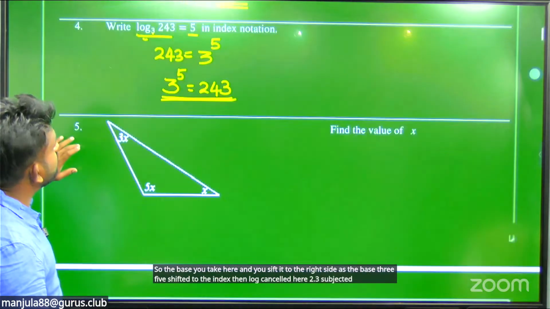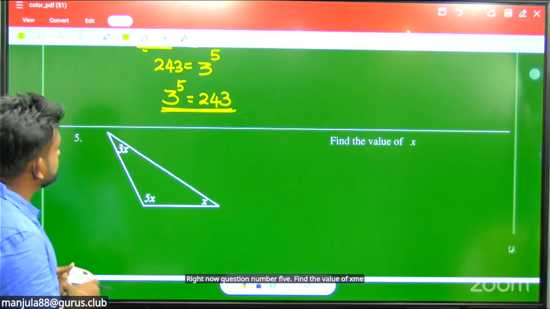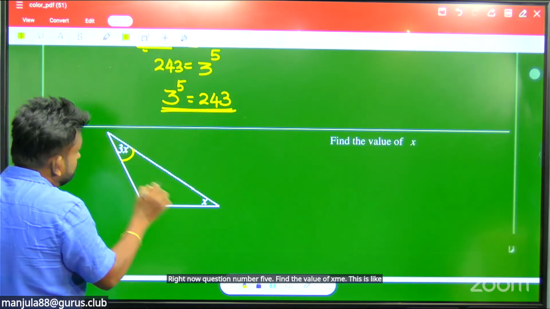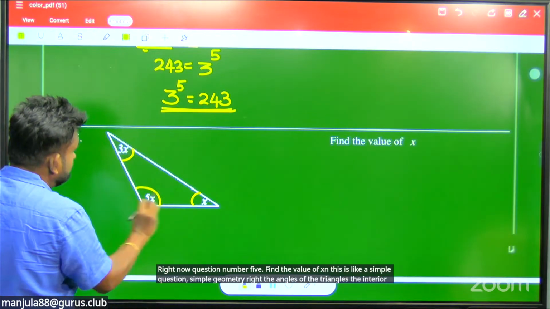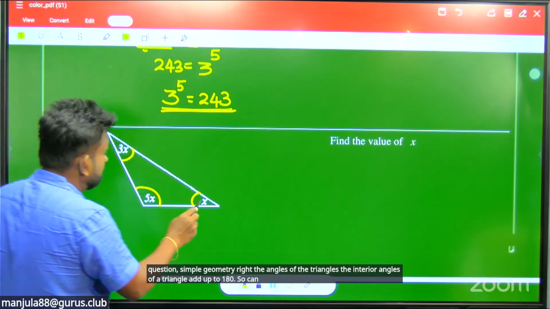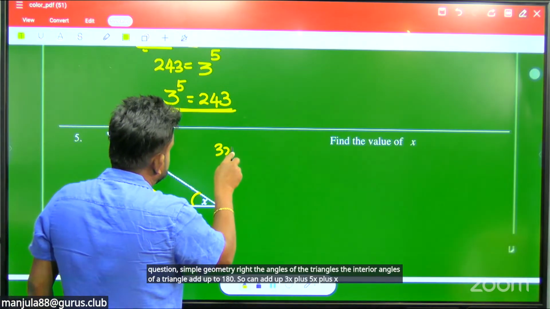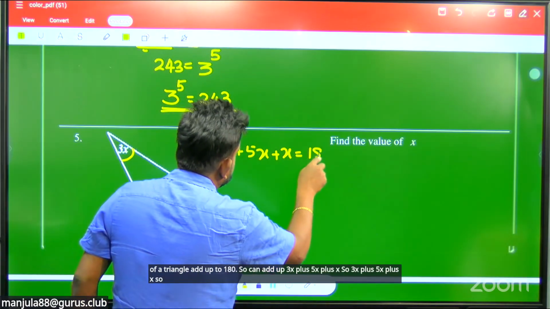Right. Now question number 5. Find the value of x. This is a simple geometry question, right? The interior angles of a triangle add up to 180. So add up 3x plus 5x plus x. The sum becomes 180.